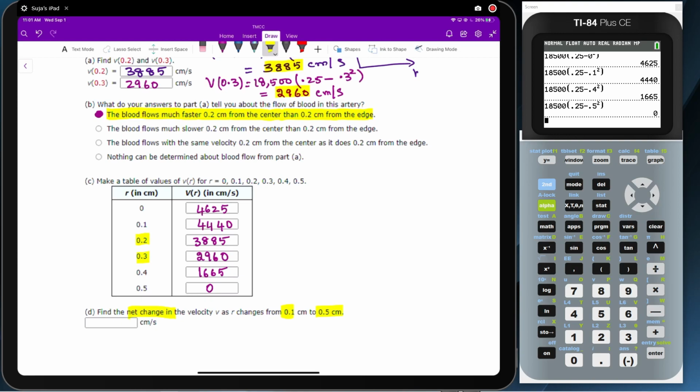For 0.5 the velocity is 0, and for 0.1 the velocity is 4,440. Therefore the net change would be velocity at 0.5 minus the velocity at 0.1. So velocity at 0.5 is 0, at 0.1 is 4,440. Therefore the answer is negative 4,440 centimeter per second. Okay, and that's the first problem.